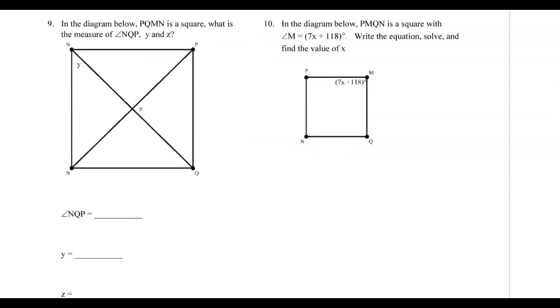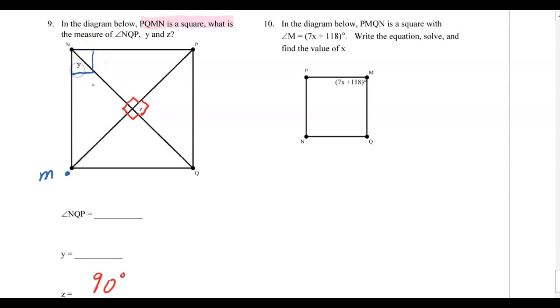Let's take a look at example number 9. So we have a square here, and we discussed that the diagonals are perpendicular, so I have 4 right angles in the middle, which means z is 90 degrees. We also discussed that the diagonals bisect the angle, so up at the top we have angle PNM.